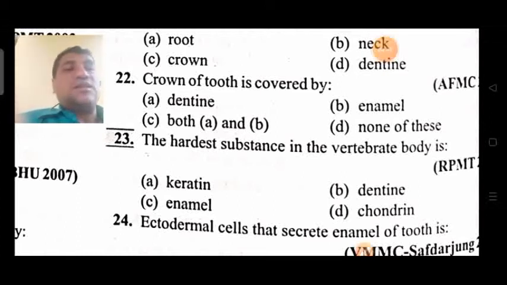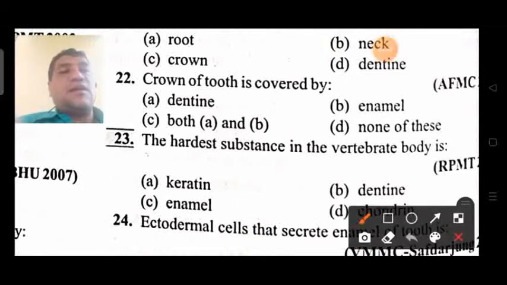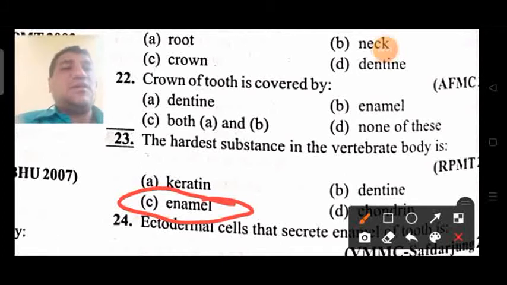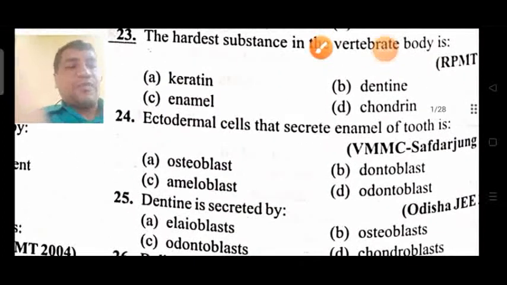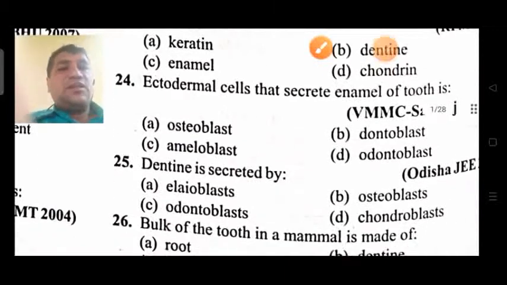Between dentin and enamel, the hardest substance in the vertebrate body is the enamel region. C option. Next question, 23rd question.